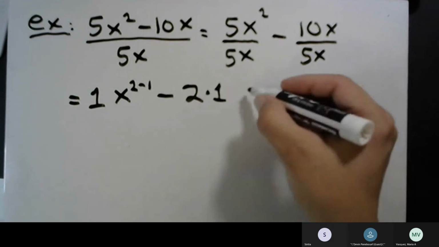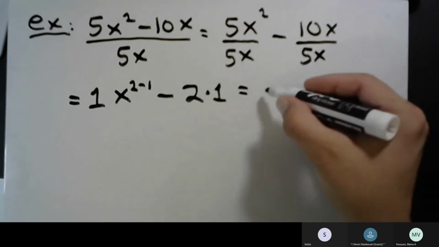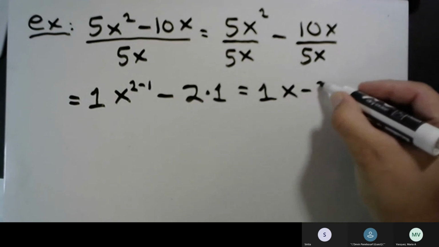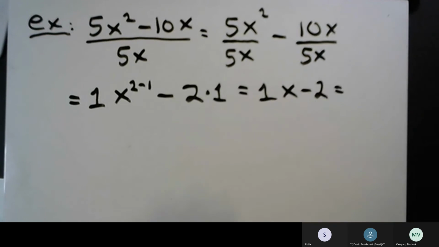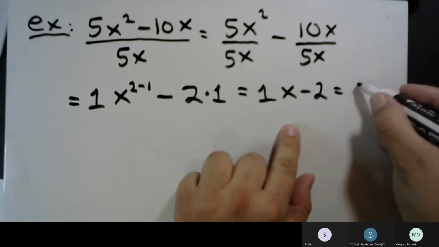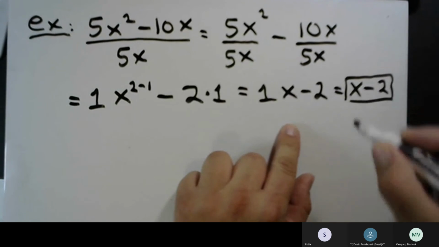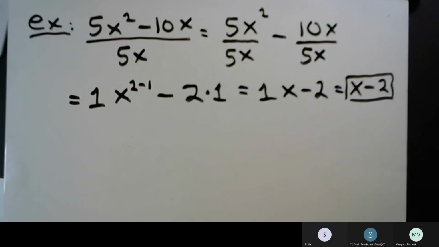And the result that we're going to get is 1x minus 2. And then 1 times x is just x. And so we get x minus 2.